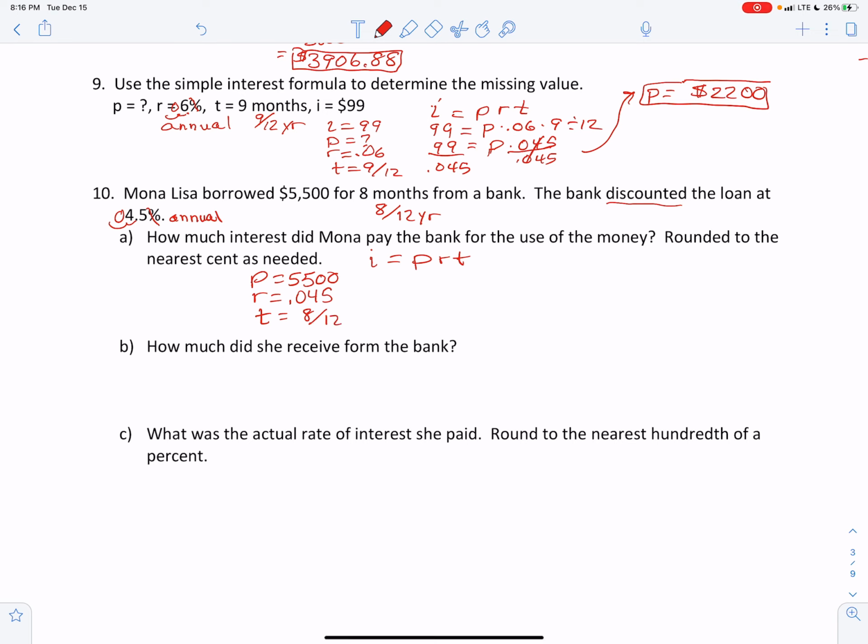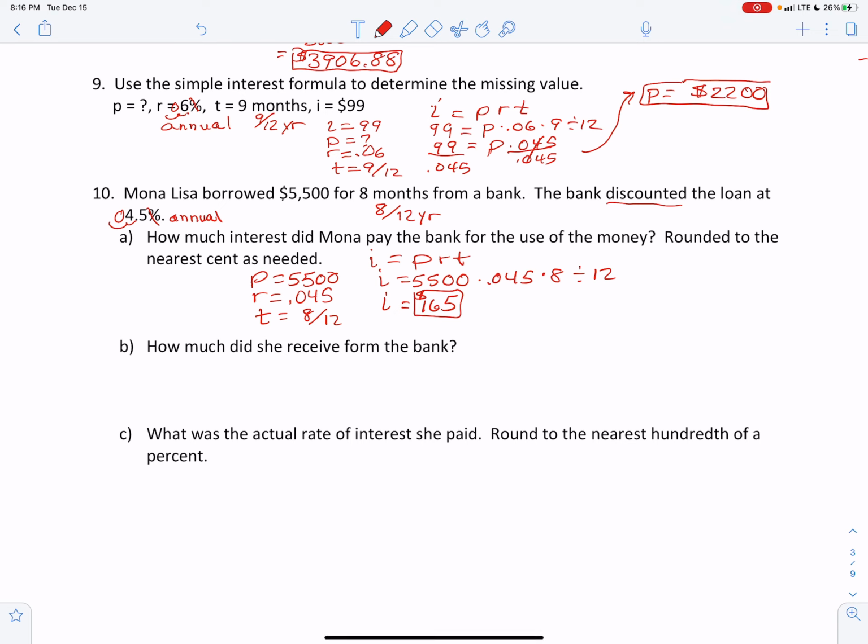So I equals 5,500 times 0.045 times 8 divided by 12. So you find out the interest is $165.